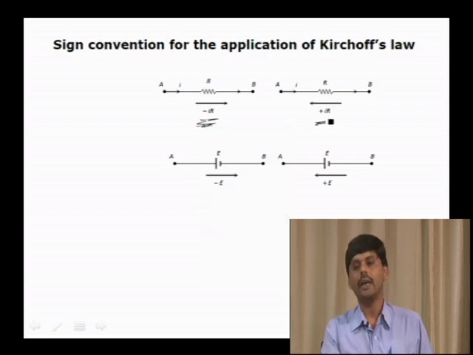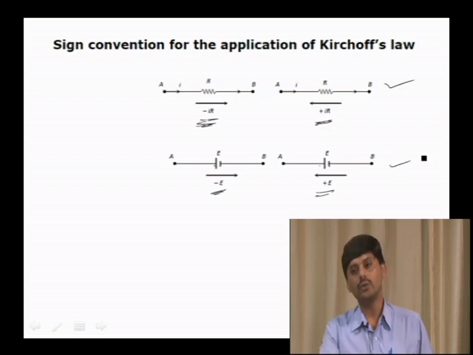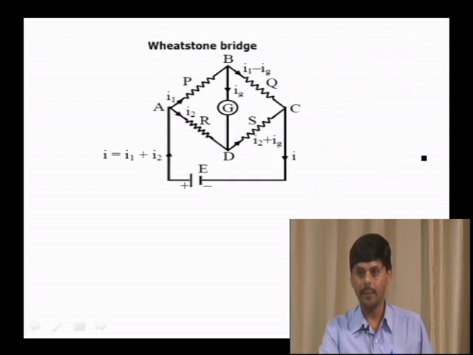Similarly, in the case of the EMF, when we move from higher potential to lower potential, the EMF is minus E. If you move from lower potential to higher potential, then the EMF is positive. This is the sign convention. If you know this sign convention, it is very easy to solve Kirchhoff law problems.